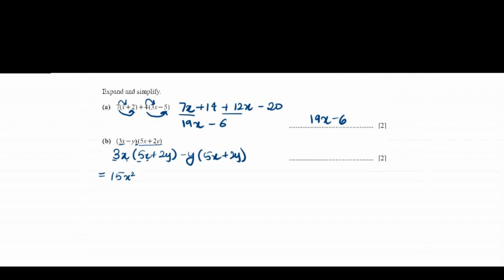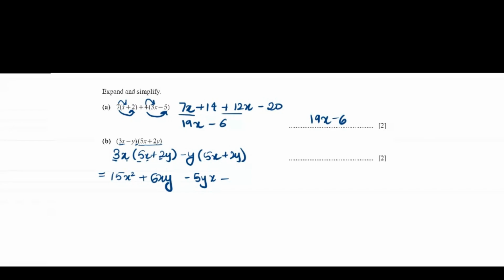We multiply everything, right? Do not forget a term. Similarly, 3 times 2 gives me a 6, and x times y gives me an xy. Now, minus y into x would give me a minus yx along with a 5, so this becomes a minus 5yx. Minus into plus would give me a minus.